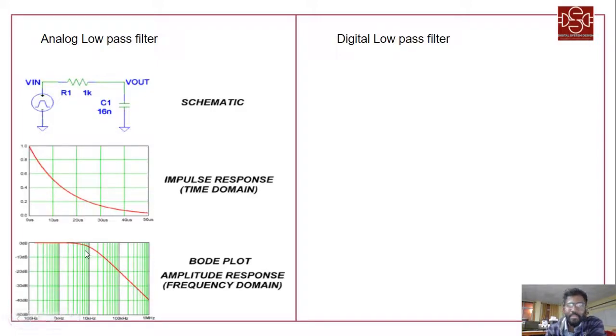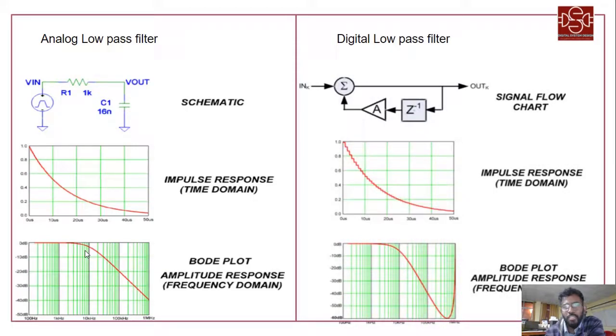The same thing is applied as designed here in the digital domain, and you can see the same type of output is coming here. This is the time domain impulse response, this is the frequency domain, and this is the digital domain, the inverse Z transform. This is the summer here, the register is also here, and A is the gain here.